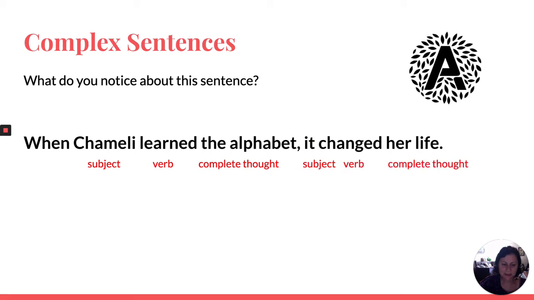So it's similar to compound sentences where you have 2 sentences. But notice in the middle here, we don't have one of the FANBOYS. We don't have a coordinating conjunction, just a comma. And also we have this word here, when. This is called a subordinating conjunction. Let's talk more about complex sentences.